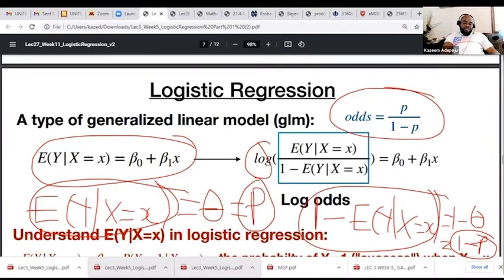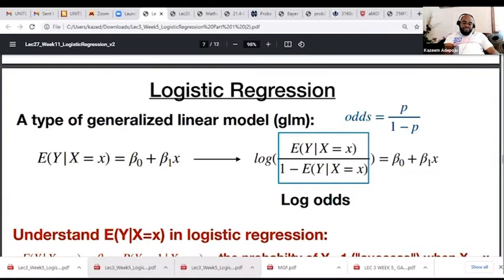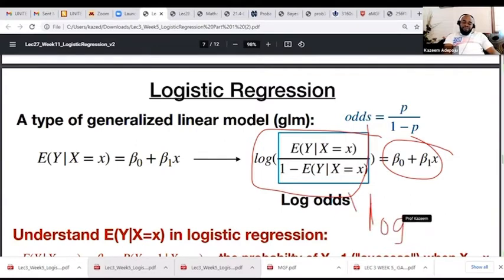So that is why you have this here. You write that the log of the odds ratio is now equal to the model. Look at that. We call this log odds.